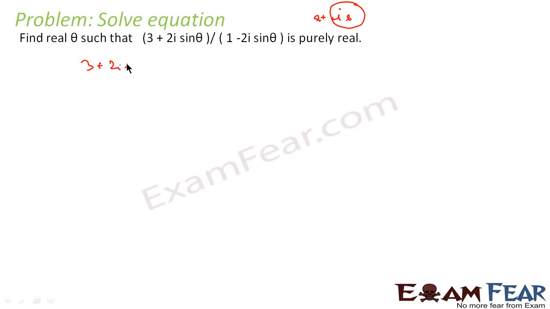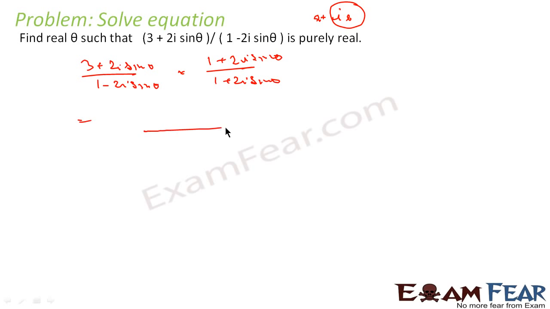So let's do this. 3 plus 2i sin theta by 1 minus 2i sin theta. Let's rationalize this, by dividing and multiplying with 1 plus 2i sin theta. So here what you get in the denominator is 1 square plus 2 sin theta square.